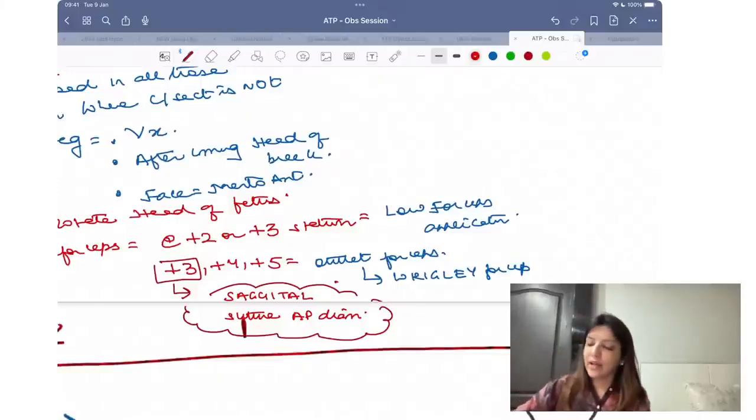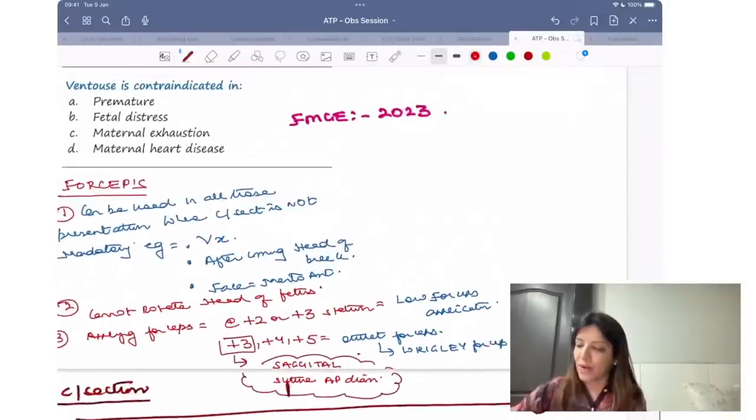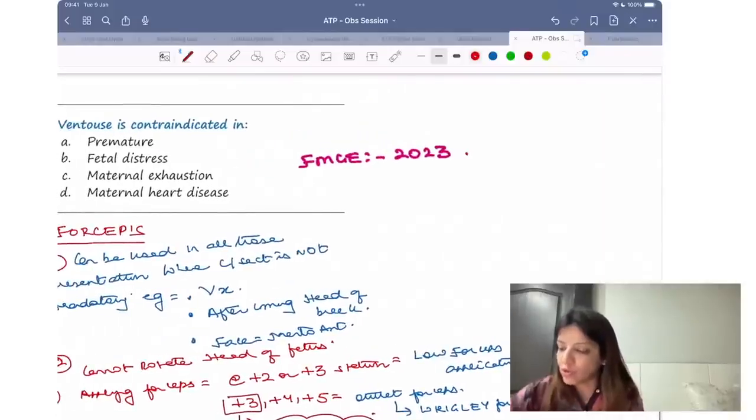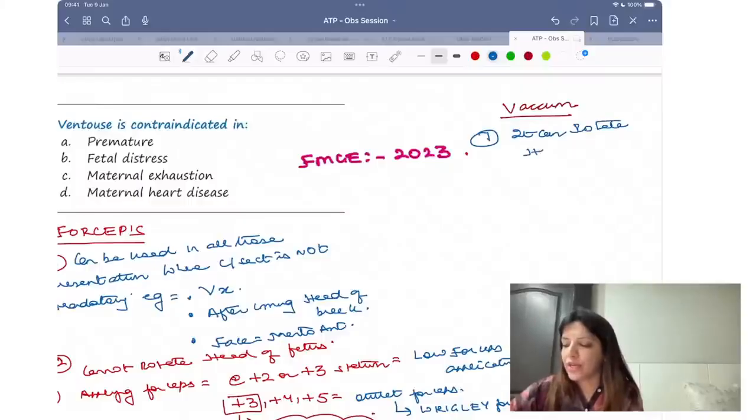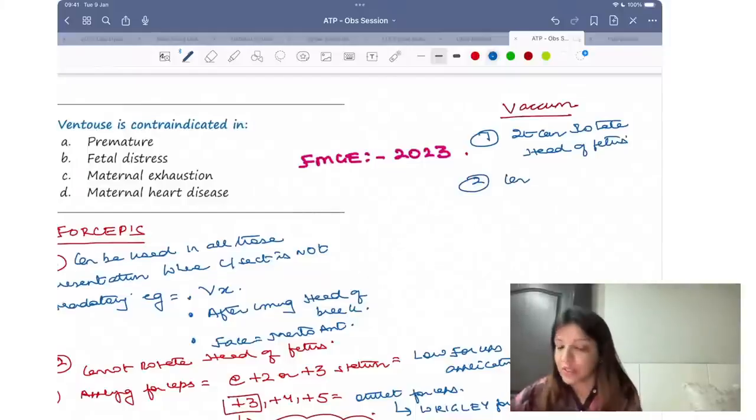Yes. Then important points about vacuum. The good point is that, number one, it can rotate the head of the fetus. Number two, although I'm not going to use it, it can be applied.